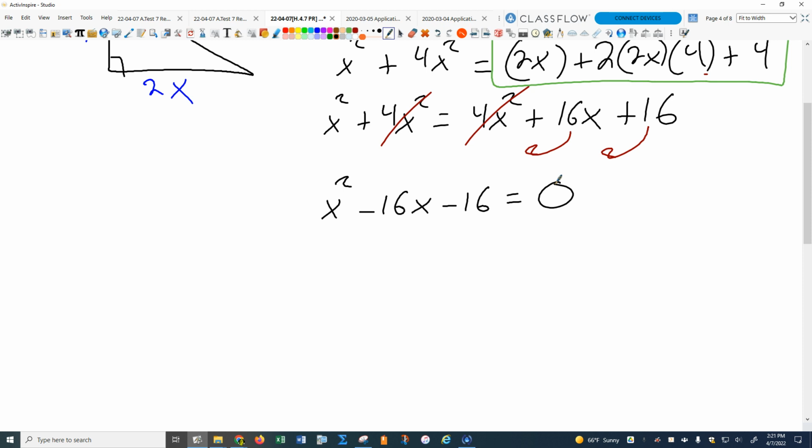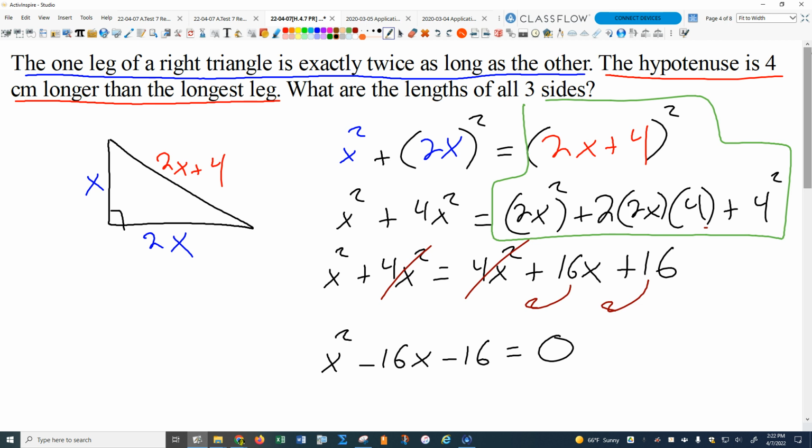Okay? Good? Question? So why did you square the initial equation? Okay, because of the Pythagorean Theorem. Because we know that if I've got a right triangle, leg squared plus leg squared always equals hypotenuse squared. Okay? Just only because it's a right triangle. Okay?